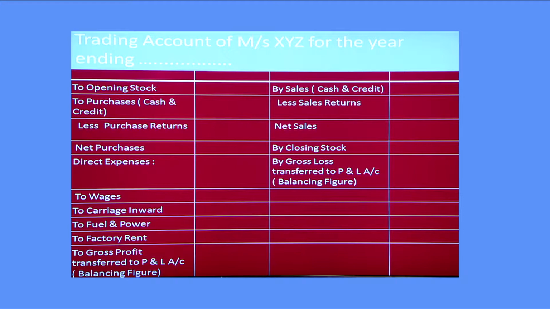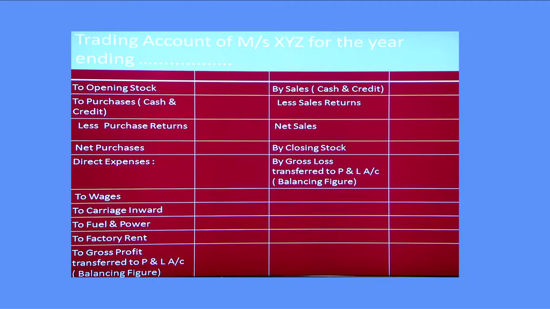On the debit side, as the second item, you write purchases. It includes both cash purchases and credit purchases. From there, you have to deduct the purchase returns, and you will get the net purchases.